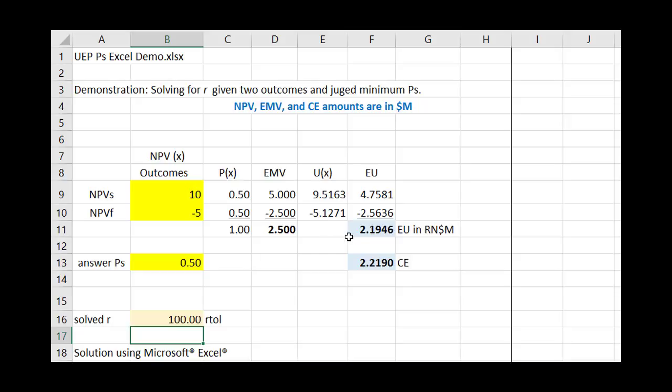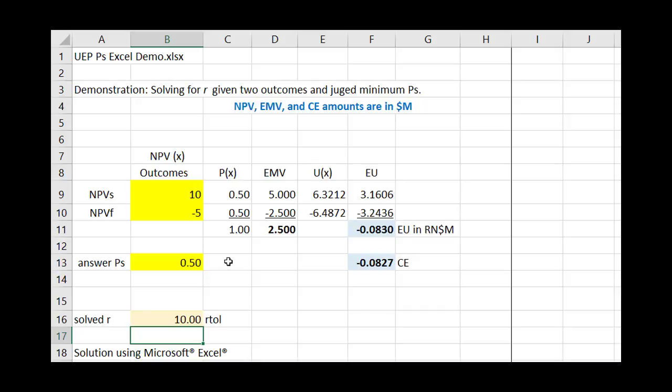It's lower because of a more reasonable, risk-averse, risk tolerance coefficient. And here's our certain equivalent. The disparity between these two numbers will increase as R is reduced. For example, if R is $10 million, this has gone negative, and that's perfectly acceptable, that we would have a project with a positive EMV, but because of risk aversion, it might have a negative certain equivalent.